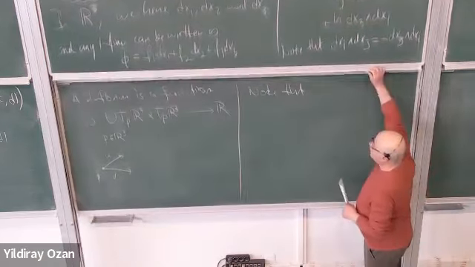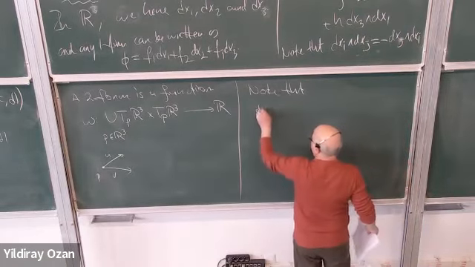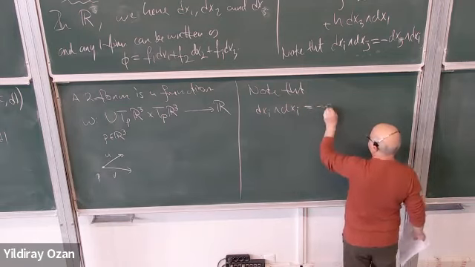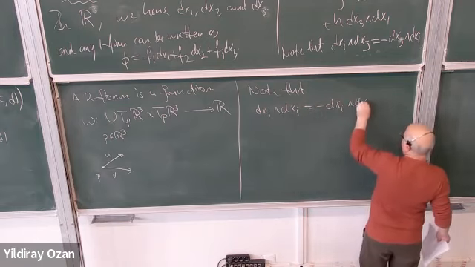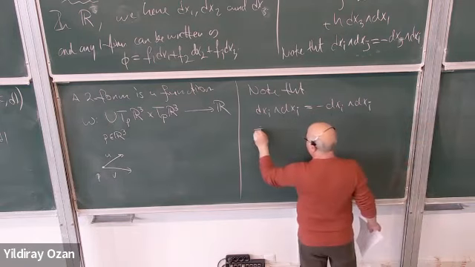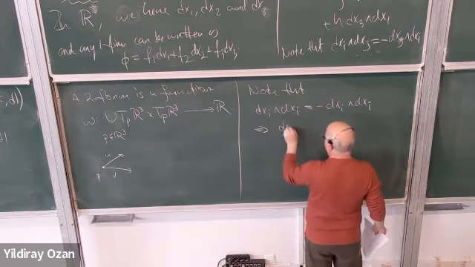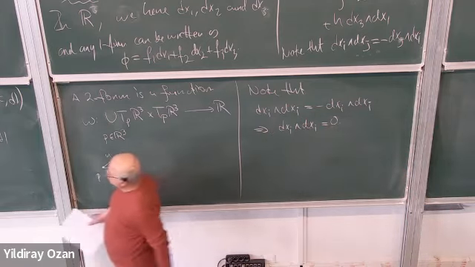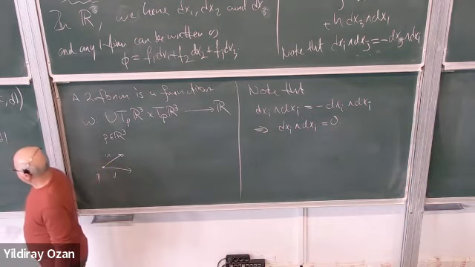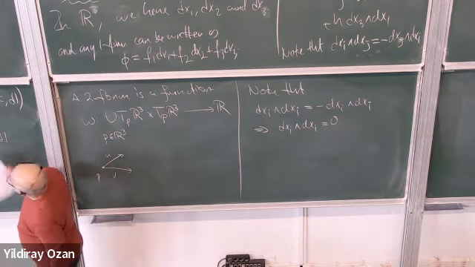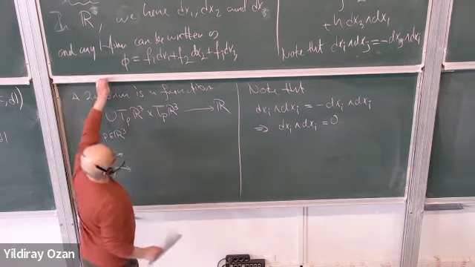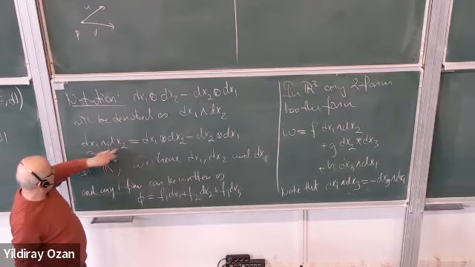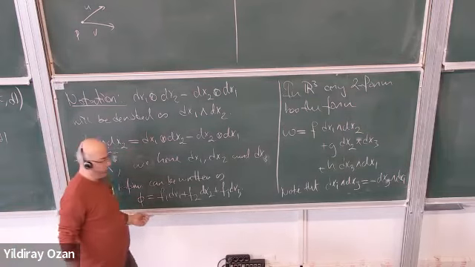So dxi wedge dxi is just minus dxi wedge dxi, and this implies that dxi wedge dxi is equal to 0. Of course, it is also clear from this definition, right? Yeah, here. If you have the same object here, you will get 0, of course.